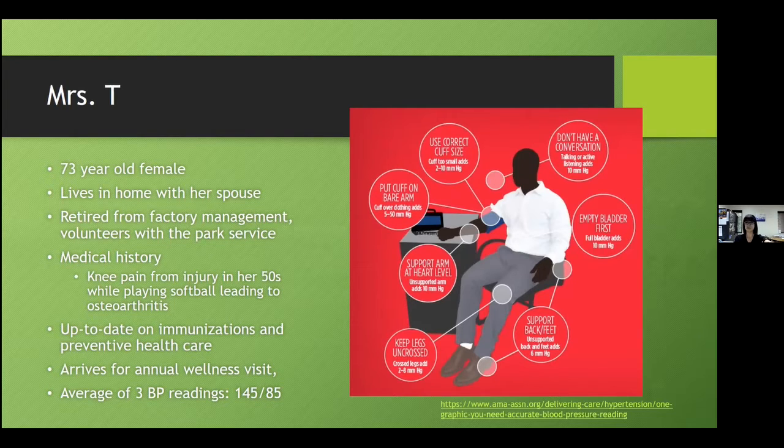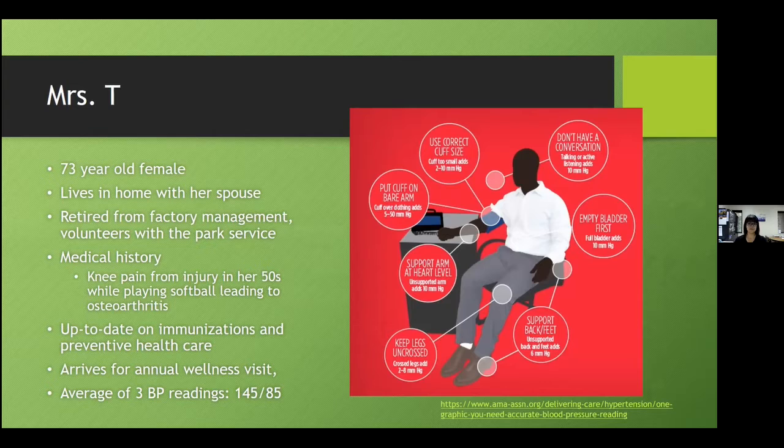Ensure that it's also the right size, and luckily most cuffs have a measurement device or tool in them, so you can tell if it's the right size for the person, and aligned so that it goes over that brachial artery appropriately. And then you do 3 sequential measurements, several minutes apart, and you average those 3 over that time. And that'll give you the best opportunity for getting an accurate reading.